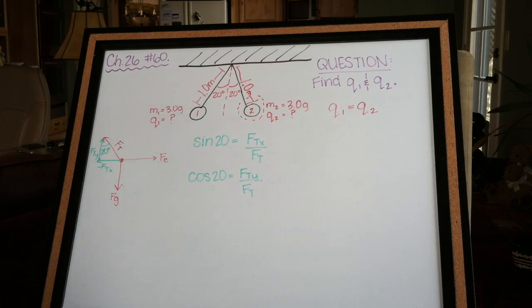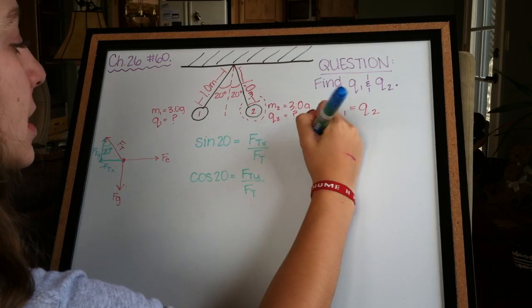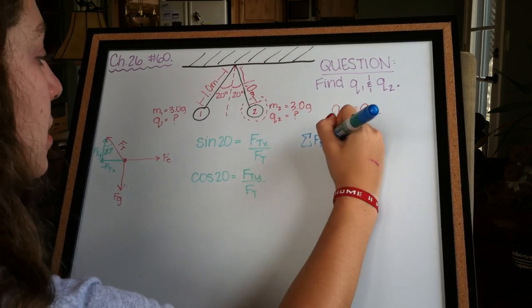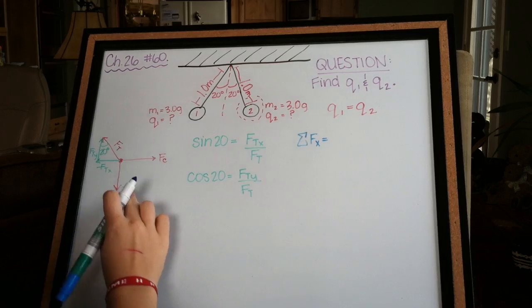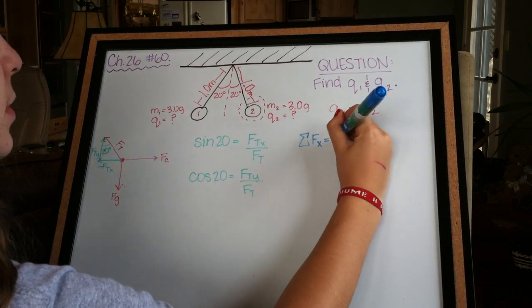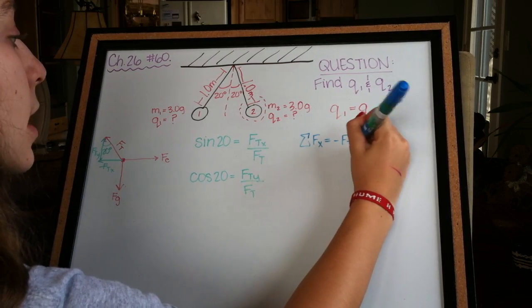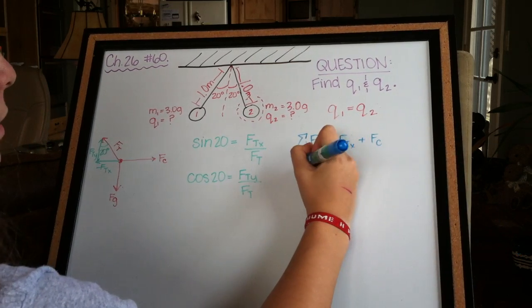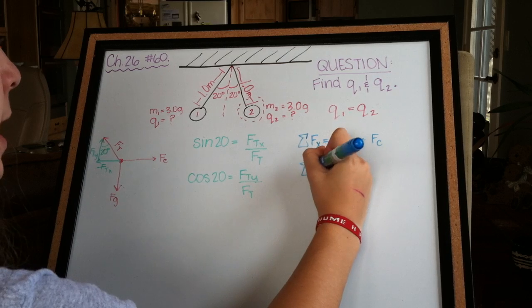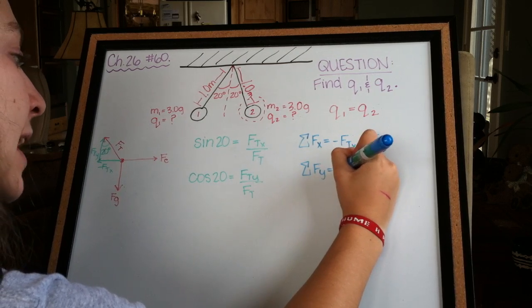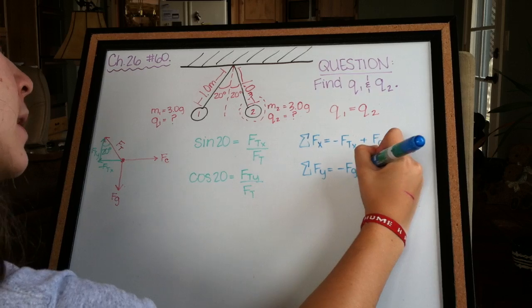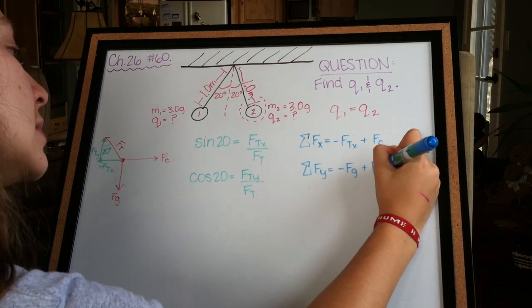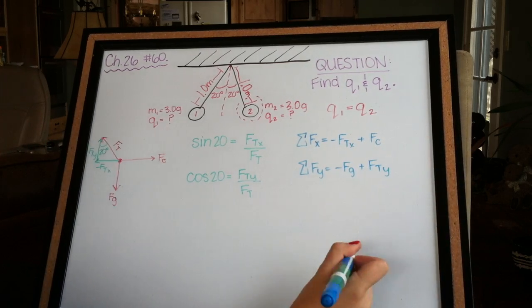So next I'm going to set up the two equations for the sum of the forces. The sum of the forces in the x direction will equal negative force tension x and positive force Coulomb. For the sum of the forces in the y, we will have negative force gravity plus positive force tension in the y.